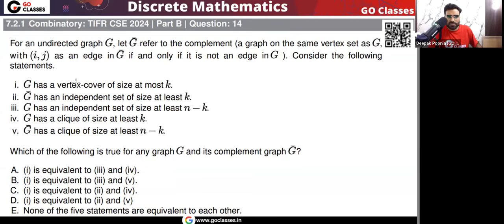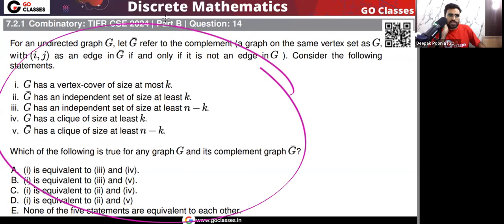The statements say: G has a vertex cover of size at most k; G complement has an independent set of size at least k; G has an independent set of size at least n minus k; G has a clique of size at least k; G complement has a clique of size at least n minus k.